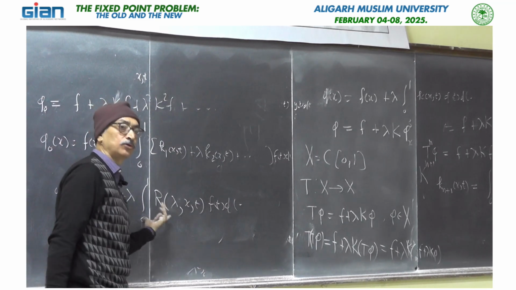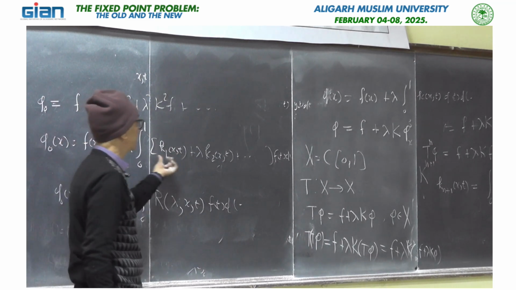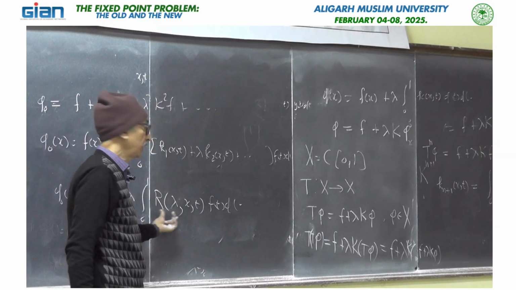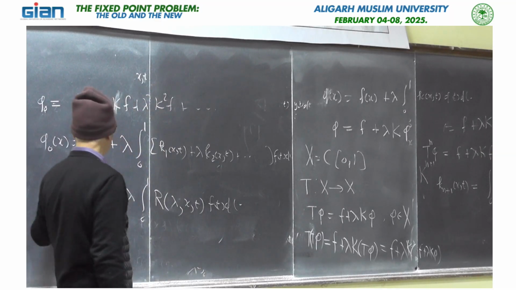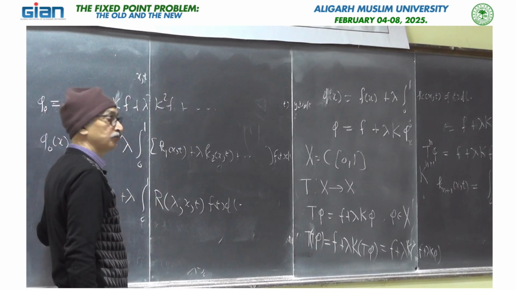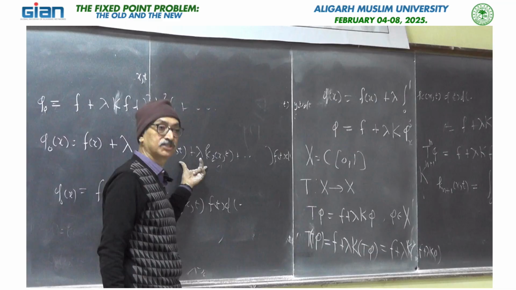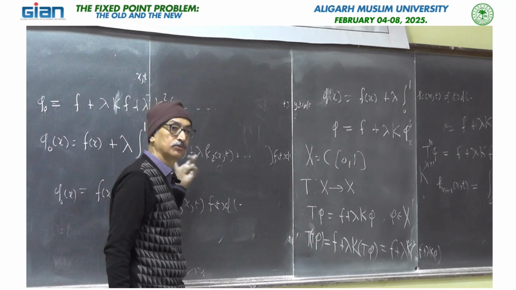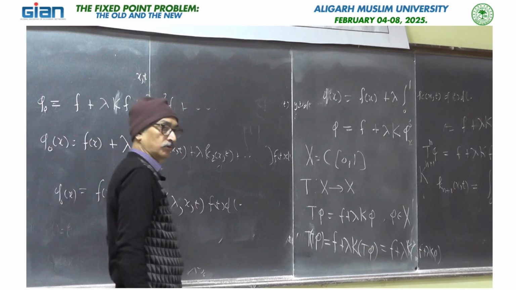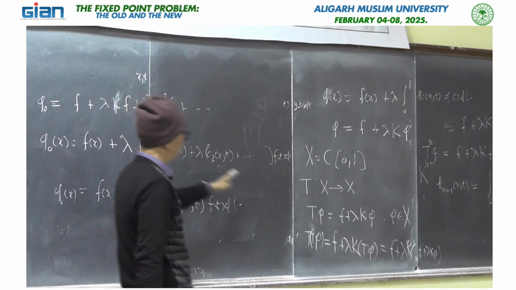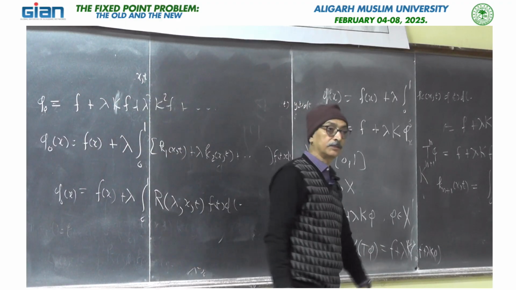Now everything is known here: provided this converges, the limit is that resolvent kernel, and f is known, so phi 0 is known. You just need to sum up this series in order to get the solution, once we are ensured that this T is actually a contraction.